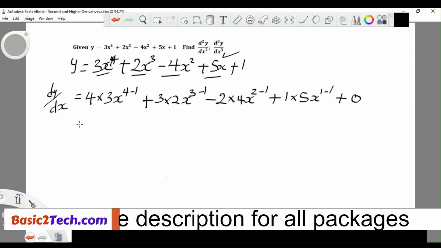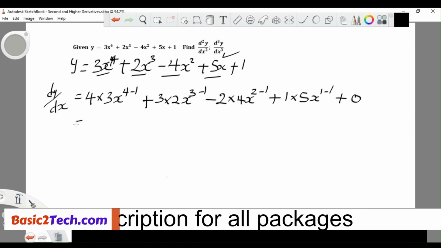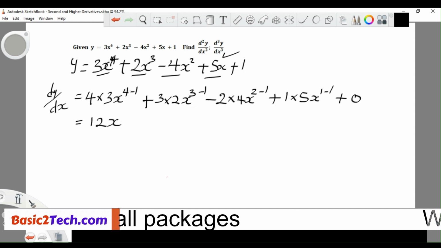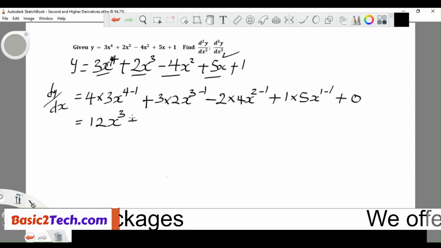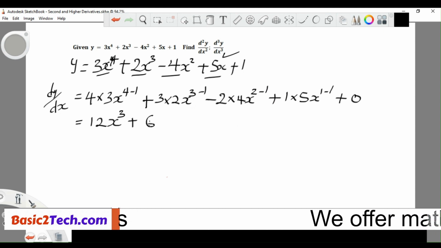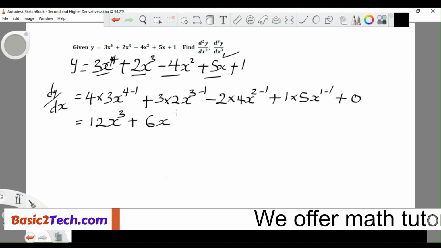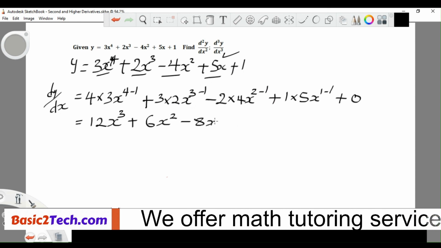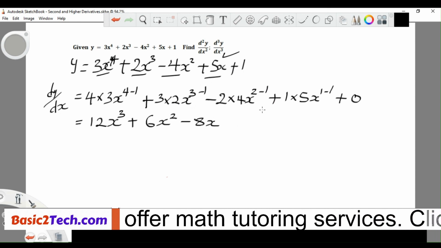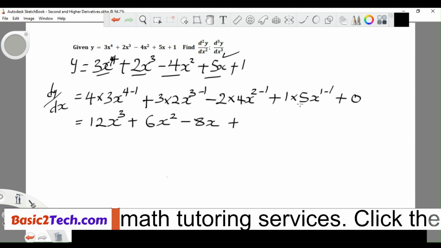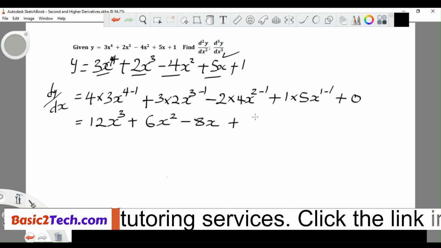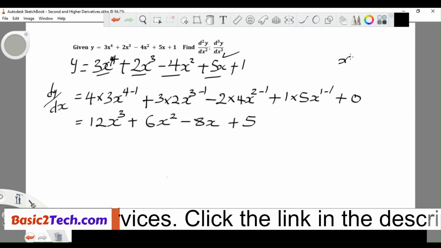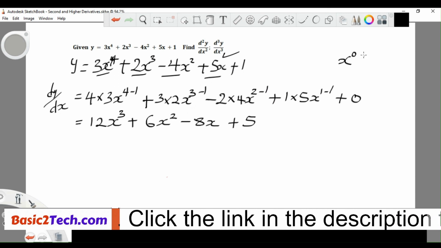0. So our first differentiation is 4 times 3 is 12, x to the power 4 minus 1 is 3, plus 2 times 3 is 6, x to the power 3 minus 1 is 2, minus 2 times 4 is 8, x to the power 2 minus 1 is 1, plus 1 times 5 is 5, x to the power 1 minus 1 is 0, and x to the 0 is equal to 1.